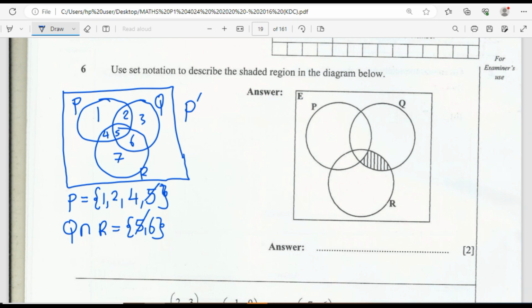After we remove 5, what we have is 6. So this is the number that we are looking at. So the answer will just be P intersecting P complement intersecting Q intersecting R. So this is our best answer here.